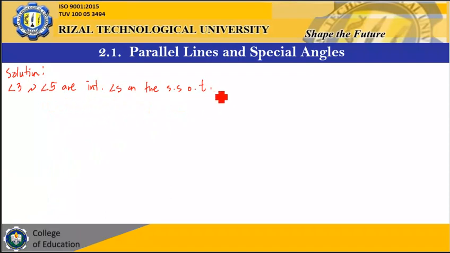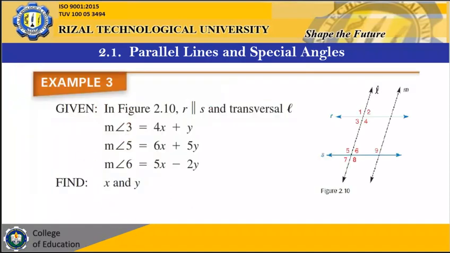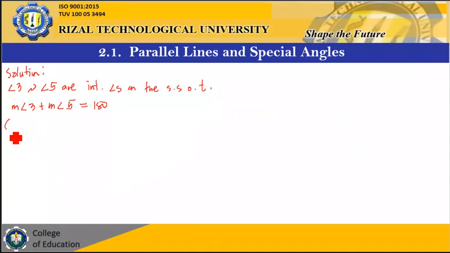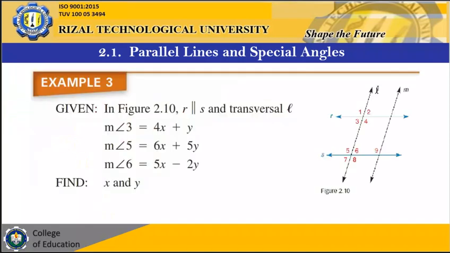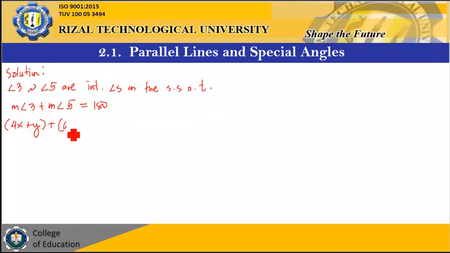So therefore, since that's the case, we know that in the previous theorem, the measure of angle 3 plus the measure of angle 5 is equal to 180. And by substitution, the measure of angle 3 is 4x plus y plus the measure of angle 5 is 6x plus 5y is equal to 180.